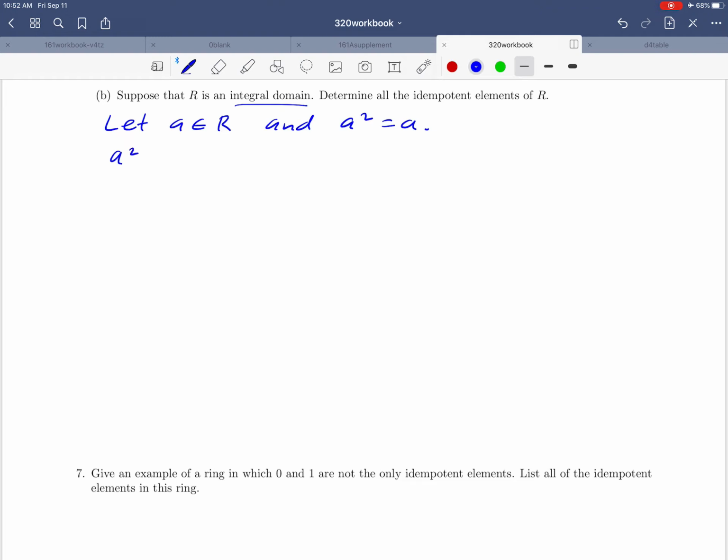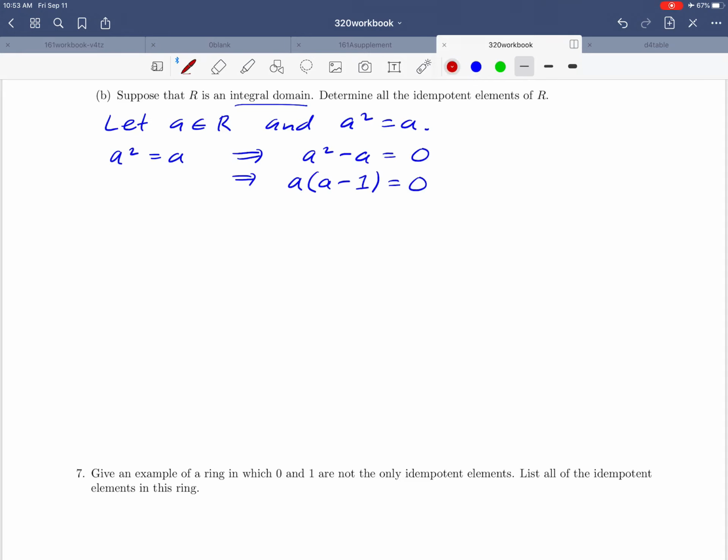Well, if A squared equals A, then we can subtract A from both sides and get A squared minus A equals 0. And we can also do some factoring here. Now remember, we're in an abstract ring here. And so we need to make sure that these steps that we're doing are valid. There would be no problem doing these in the real numbers, but can we get away with doing this in an integral domain? We can for two reasons.